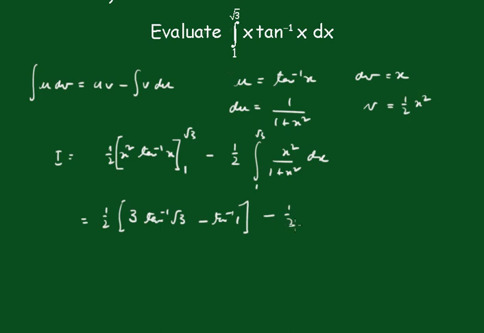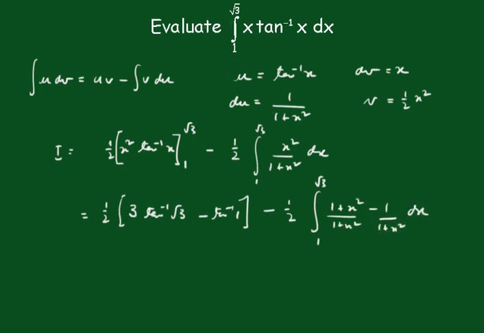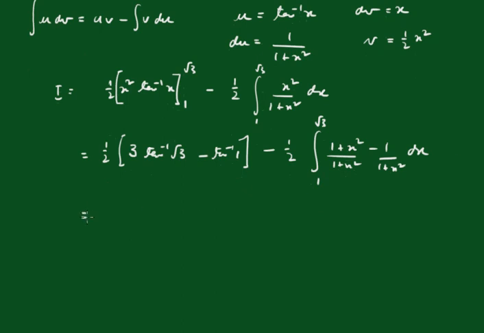minus 1 half, a bit of an adjustment in here, that there's 1 plus x squared minus 1 over 1 plus x squared dx. So we're getting a half here.